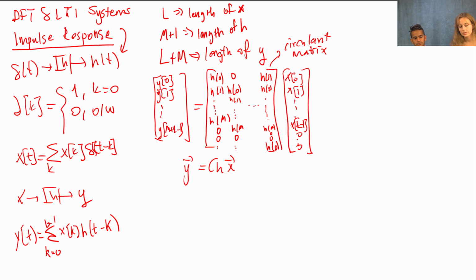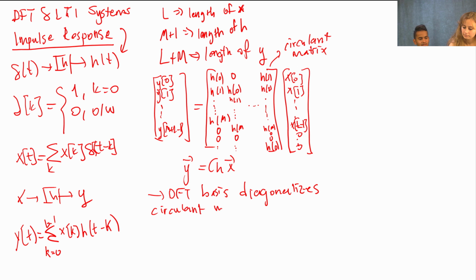Circulant matrices are really useful and related to the DFT because it turns out that the DFT basis, which is the u_k's, as you will remember by the final, diagonalizes circulant matrices. That is actually really useful.